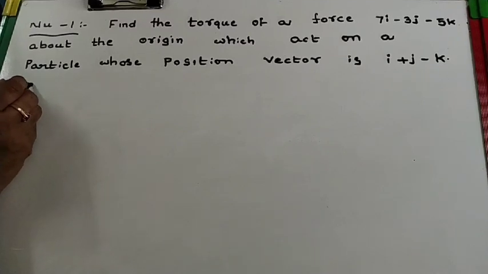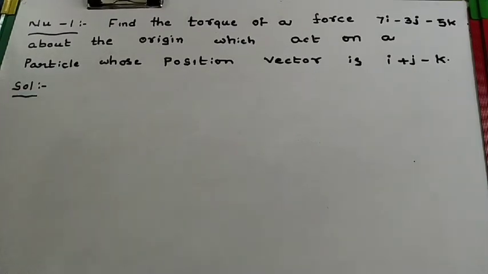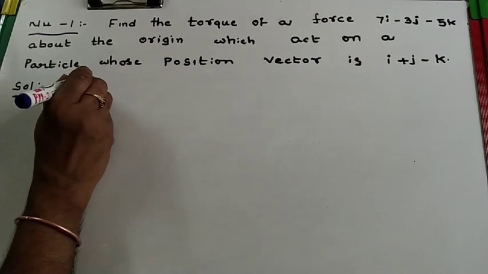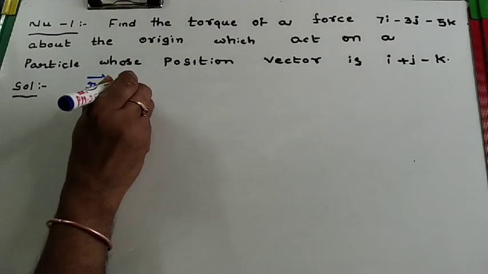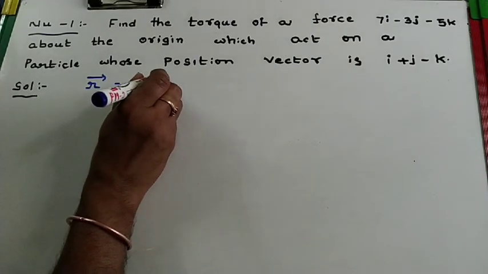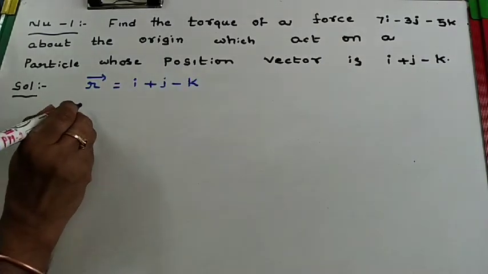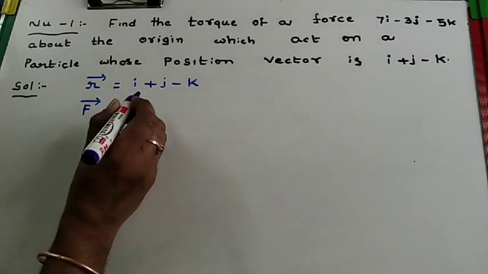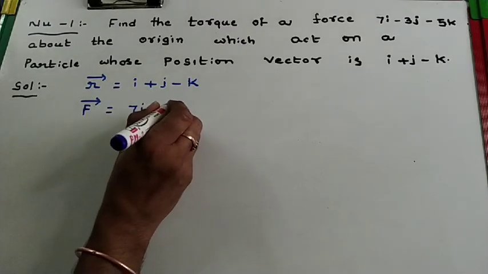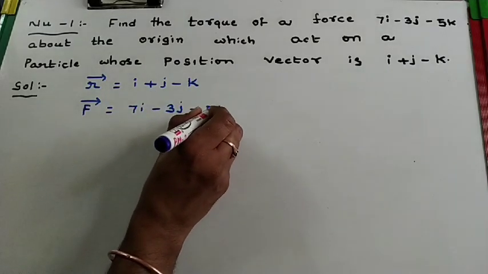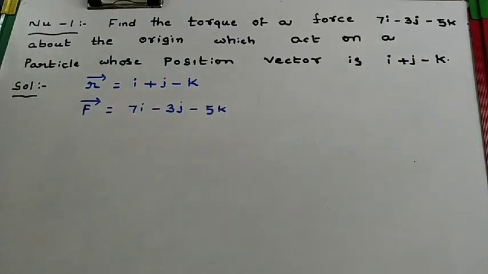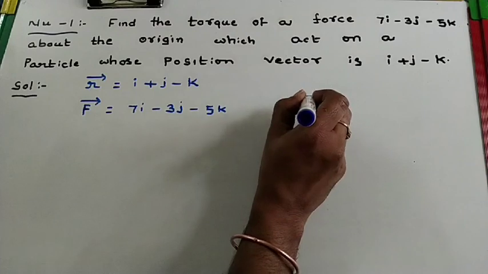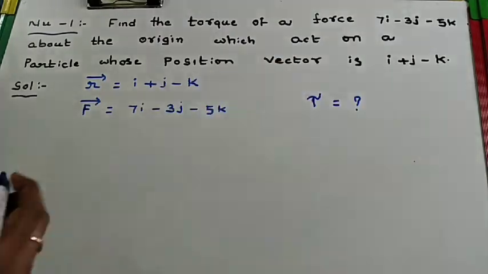Now solution. What is given by the examiner? The position vector r is equal to i plus j minus k and F is equal to 7i minus 3j minus 5k. Therefore, torque is equal to question mark.